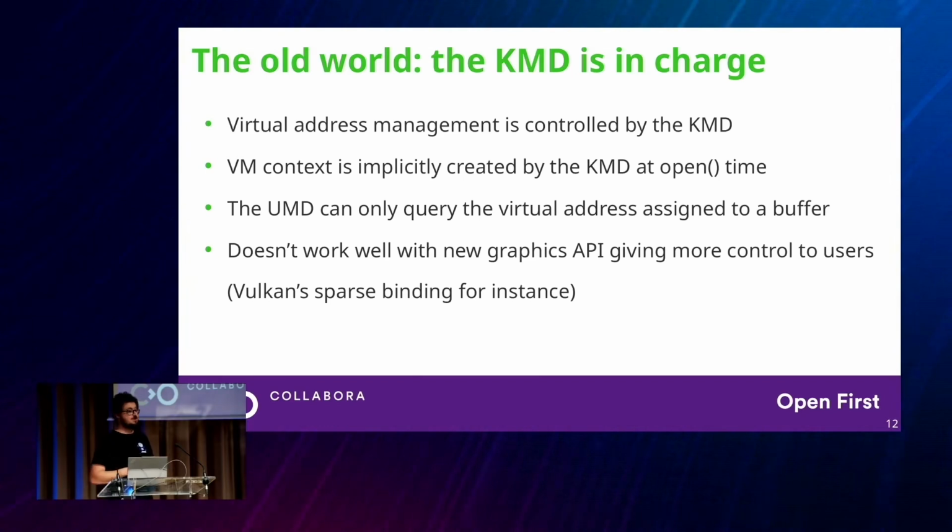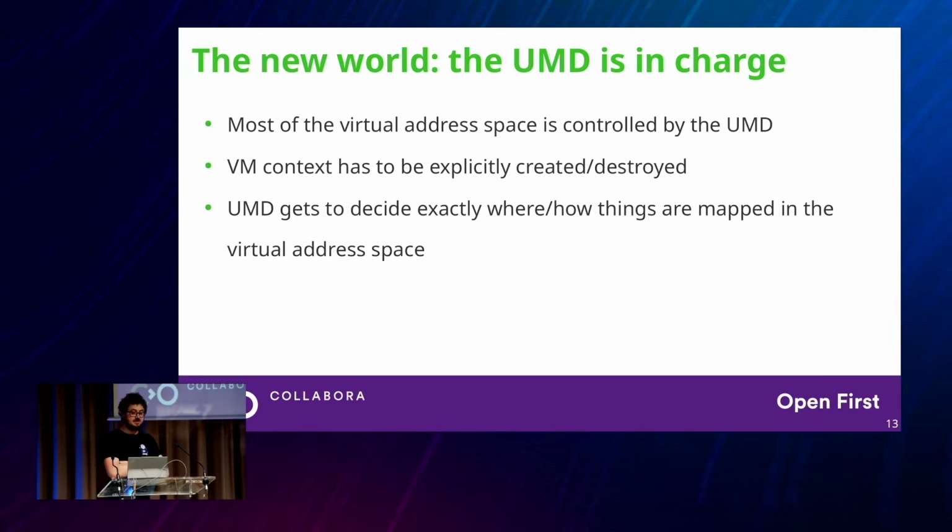But for new APIs, that's no longer the case. If you look at Vulkan, for instance, you need to have fine-grained control from the user-mode driver on where the buffer will be mapped in the GPU space. And that's also true for compute APIs like CL or others.